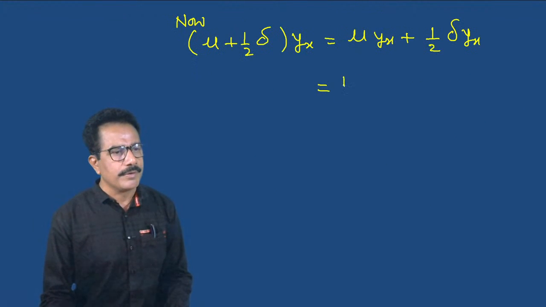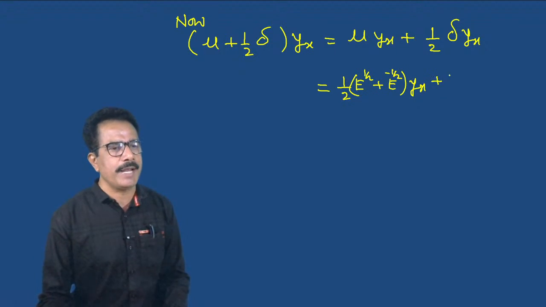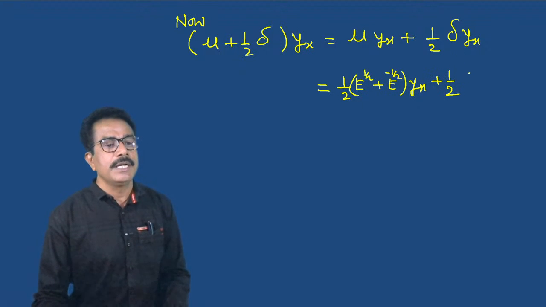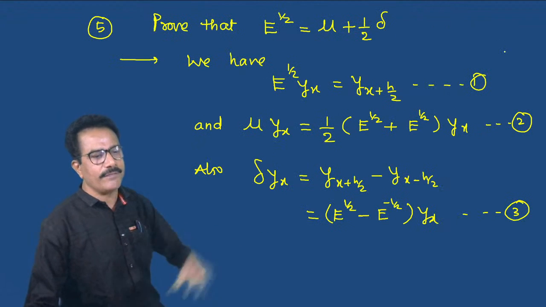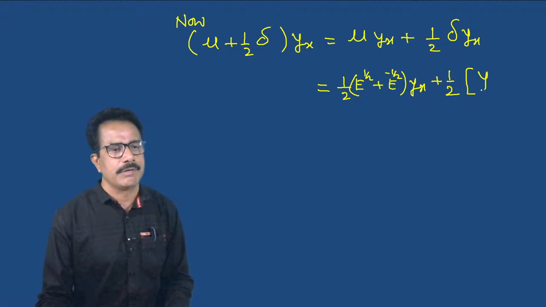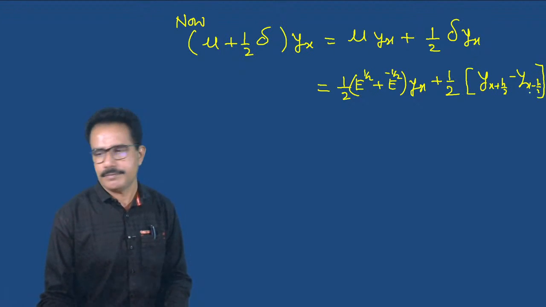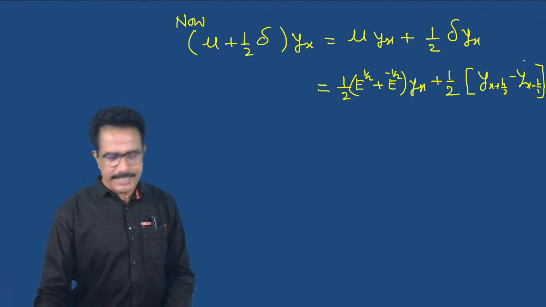So 1 by 2 e raised to 1 by 2 plus e raised to minus 1 by 2 of yx plus 1 by 2 delta yx means, see this, delta yx means y of x plus h by 2 minus y of x minus h by 2. कुठं मायनस राहिलं रे बाबा?